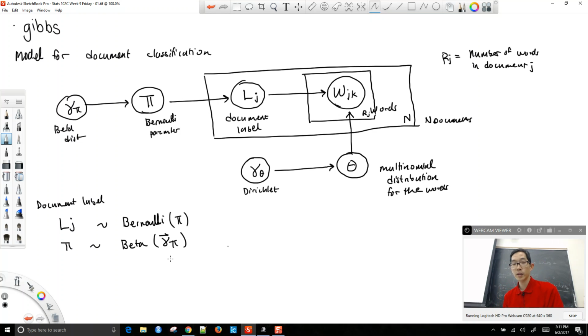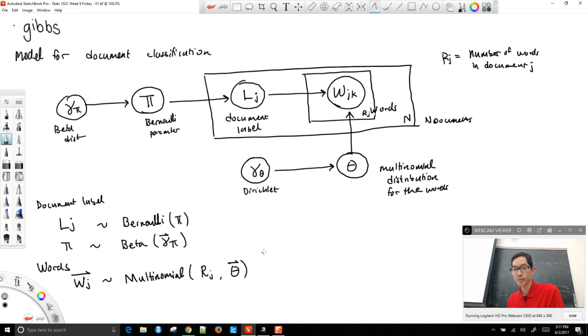Then the bag of words that we have, W sub j, which is a vector, is drawn from the multinomial distribution, where we draw a total of this many words with parameter vector theta.